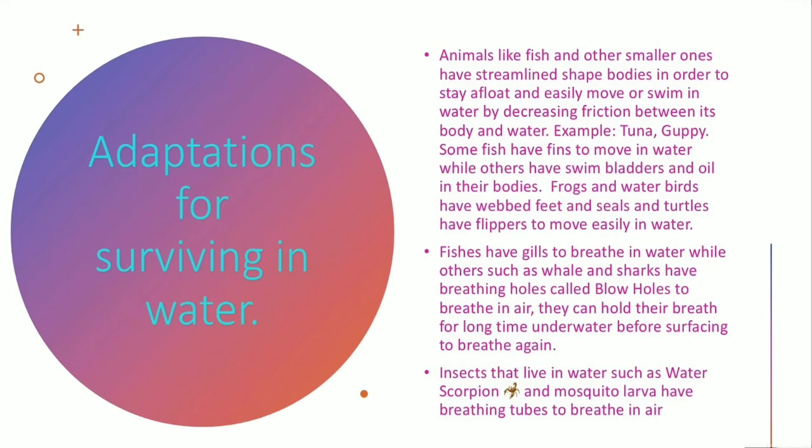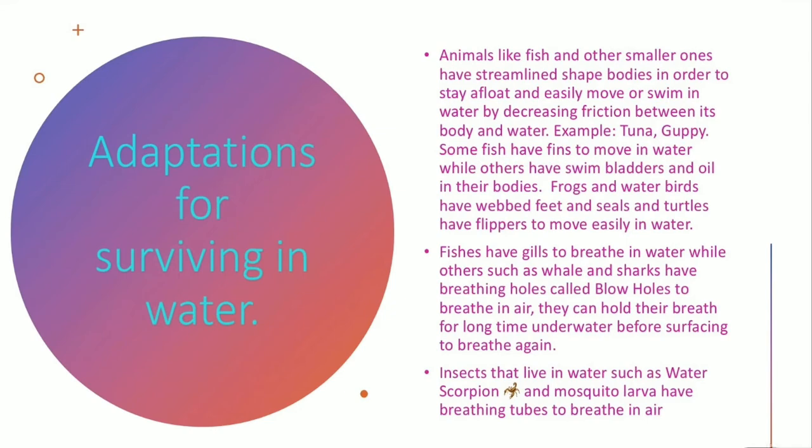Sometimes in the exam, it asks us for scientific reasons why whales and sharks are not fish. The reason is that whales and sharks do not have gills to breathe in water. Instead, they have breathing holes called blowholes or nostrils, which help them breathe in air. Their specialty is that they can hold their breath for a long time.